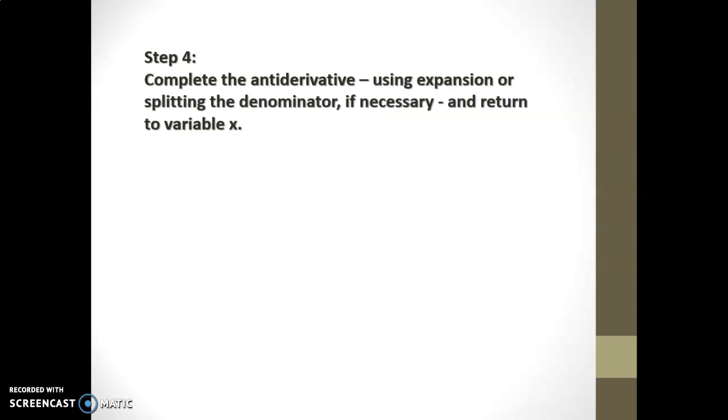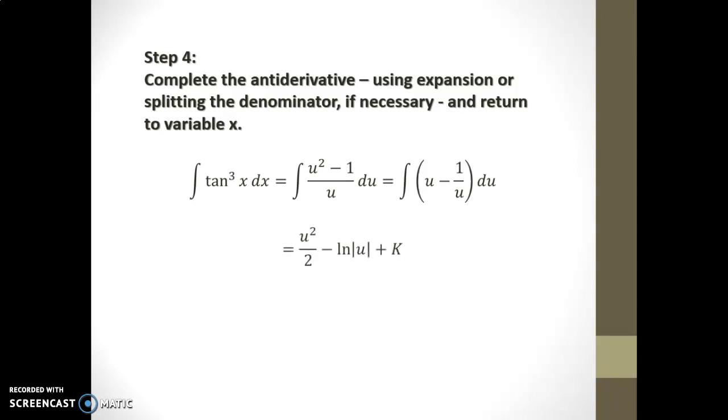In step 4, complete the antiderivative by using expansion or by splitting the numerator and return to variable x. In our case, we will split the numerator and use the power rule to integrate u and recognize that 1 over u is actually a ln function when antidifferentiated.